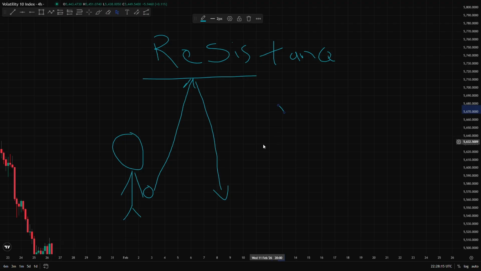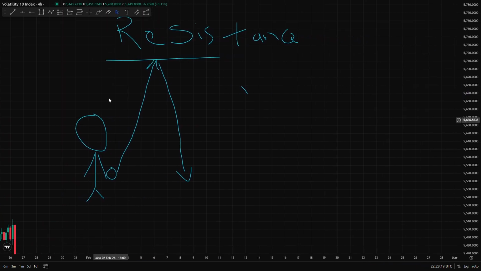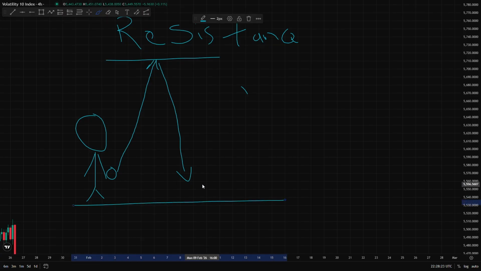Good. So when the ball comes back to the floor, what tends to happen? It reaches the floor. What happens? The floor tends to bounce off the ball back to the upward direction. So what did the floor do?